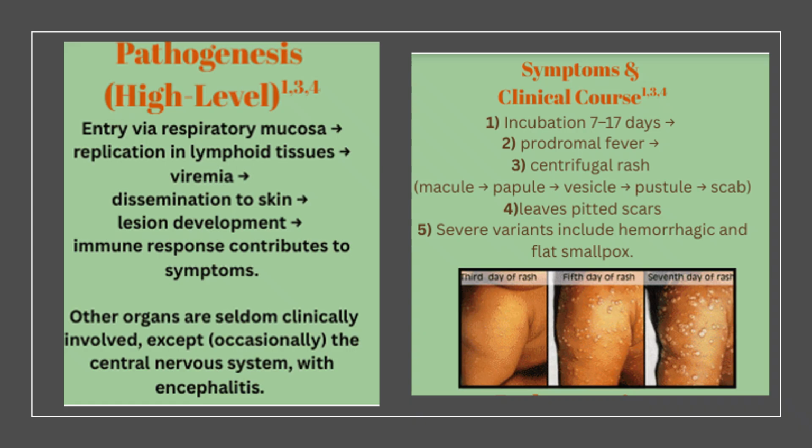I found most of the pictures pretty disturbing, so I didn't include too many, just for the dignity of the person, but I thought this one was acceptable. I hope it's not as disturbing. Then number 4 leaves pitted scars, and number 5, severe variants include hemorrhagic and flat smallpox. So those are some of the symptoms, and let's go on to the treatments that are available.